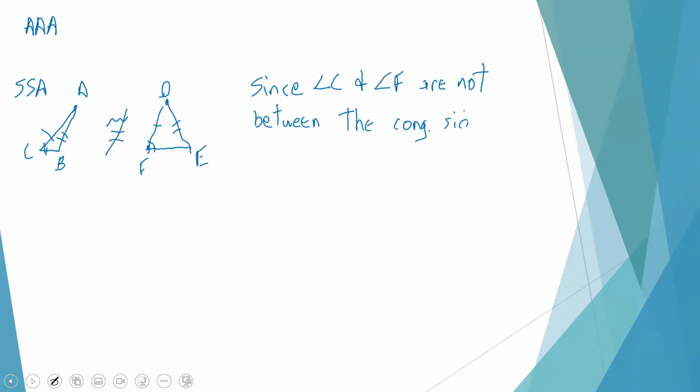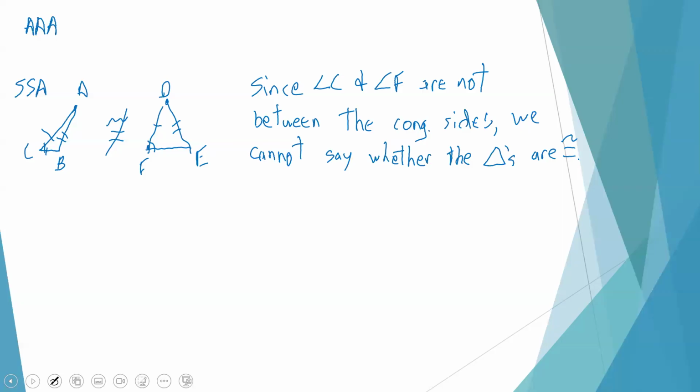Okay. Maybe I might say something like, since angle C and angle F are not between the congruent sides, we cannot say whether the triangles are congruent.